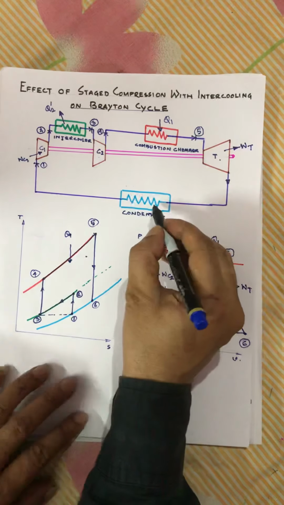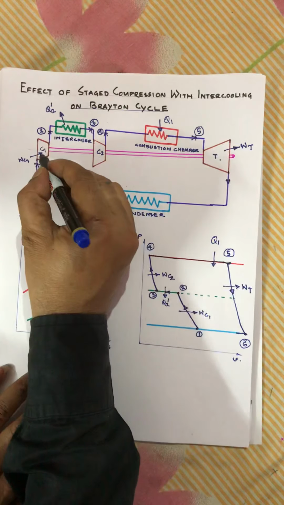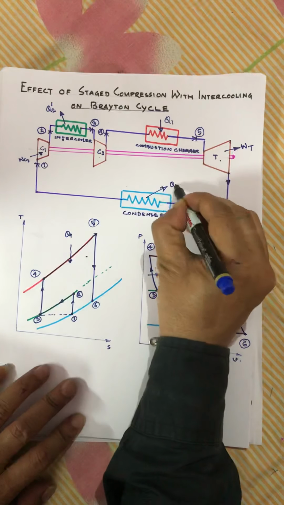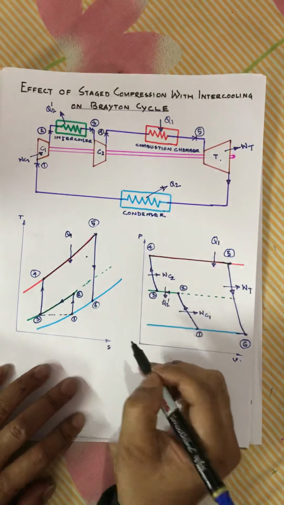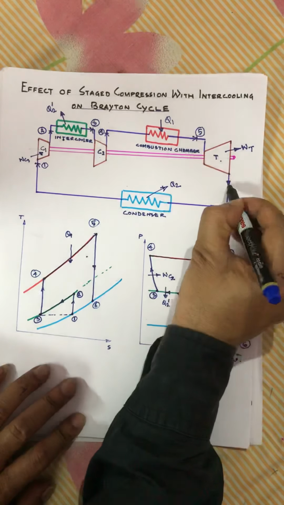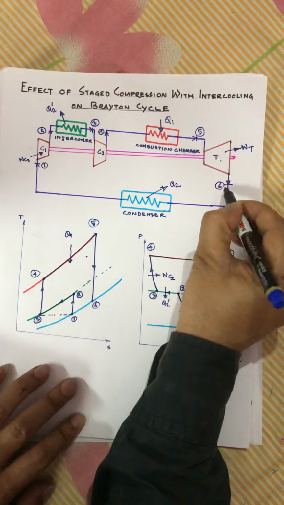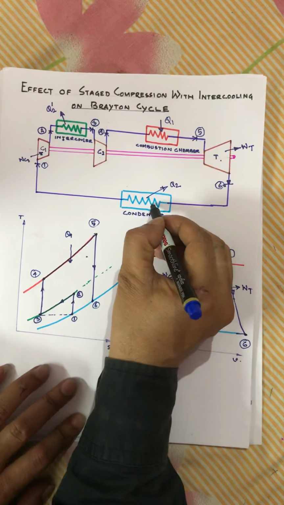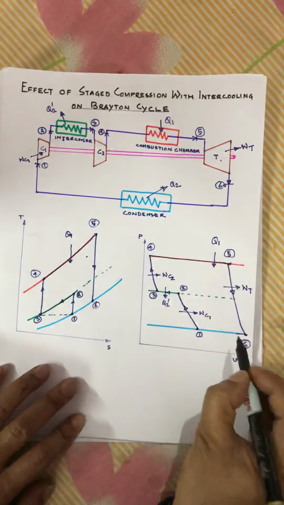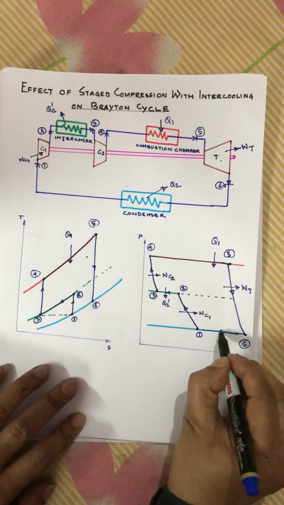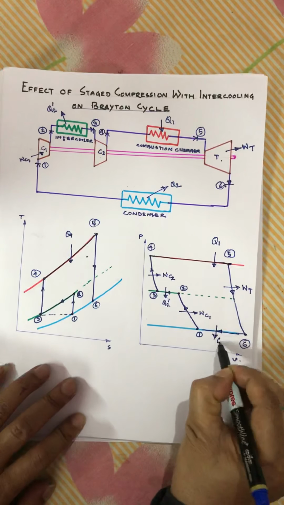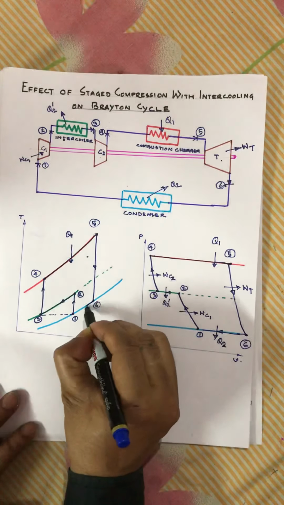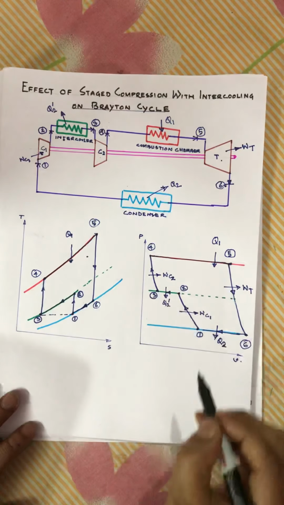And after that, it will come to the condenser, where Q2 amount of heat will be rejected. So 5 to 6 is the expansion, 6 to 1 is heat rejection at constant pressure in the condenser. So 6 to 1 is heat rejection in the condenser by an amount of Q2. Here also 6 to 1. So this is the whole process.